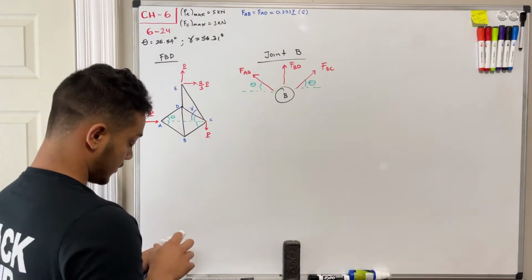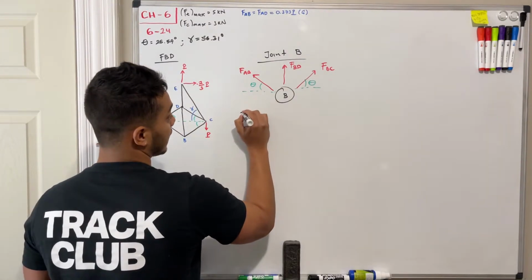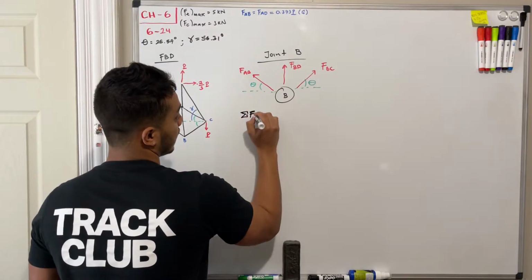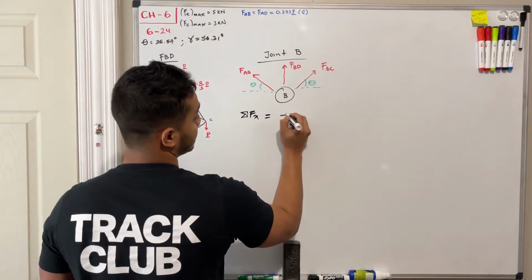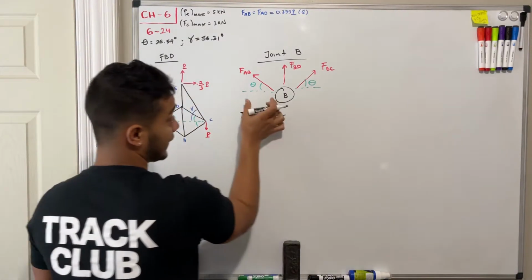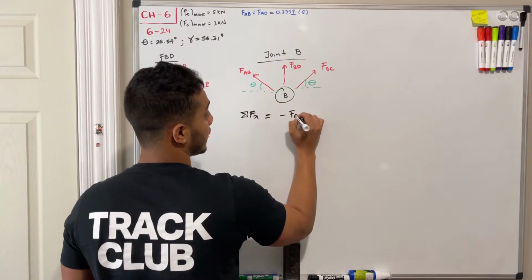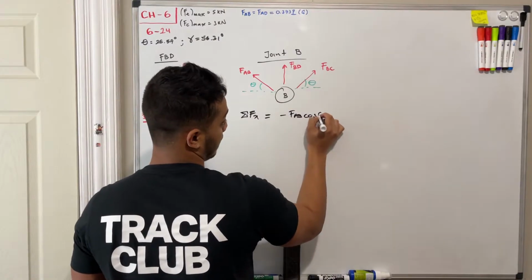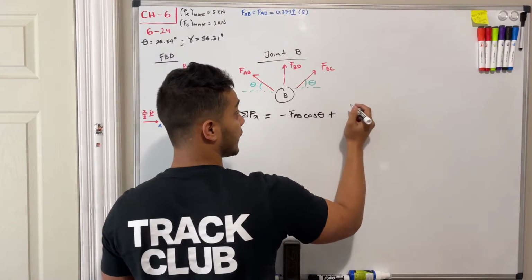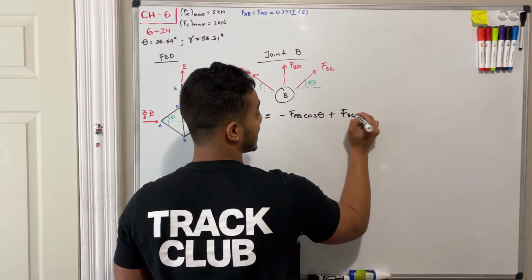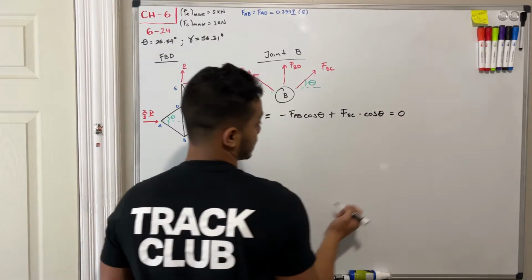Now we're going to apply the summation of forces in the x direction, and what do I get? I got the negative x component of FAB, so negative FAB multiplied by the cosine of theta, plus this one going to my right, the x component of FBC multiplied by cosine of theta as well, should be equal to 0.